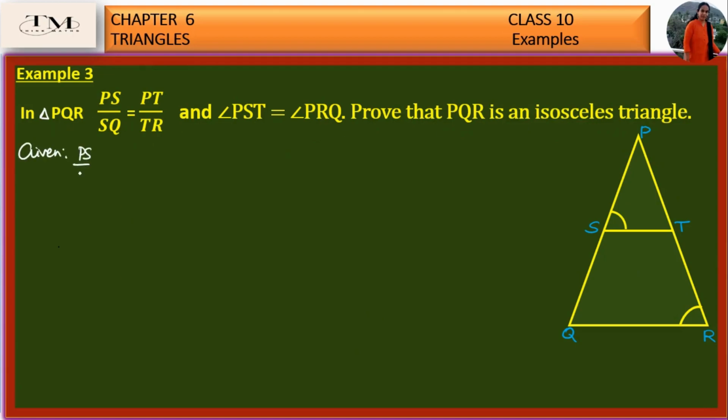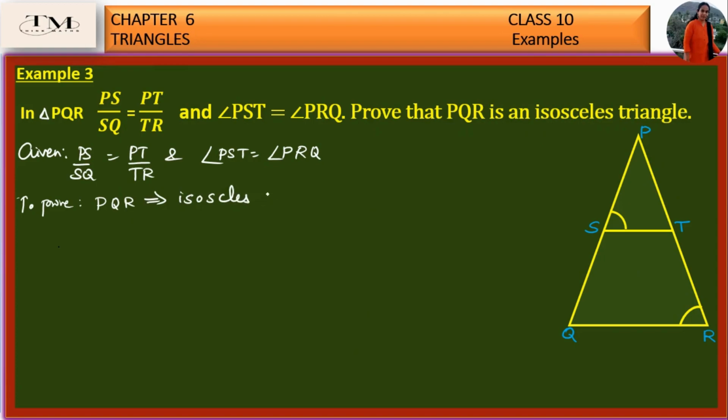PS by SQ equal to PT by TR. This is given and angle PST is equal to angle PRQ. We have to prove PQR is an isosceles triangle. Okay, so this is what we have to prove.